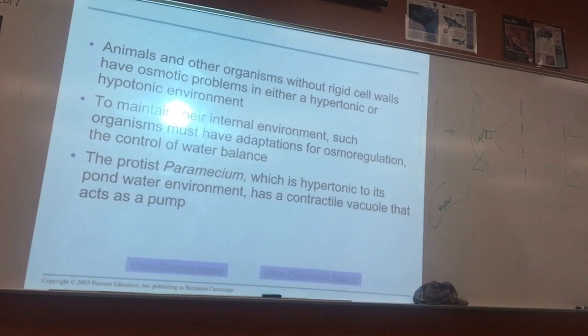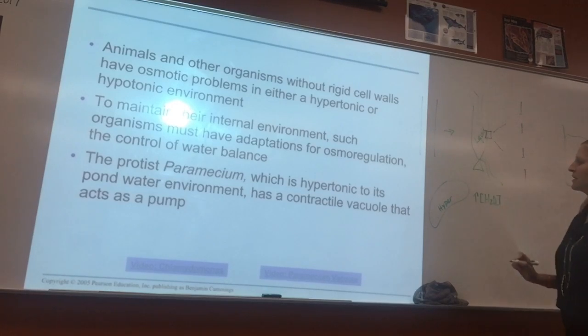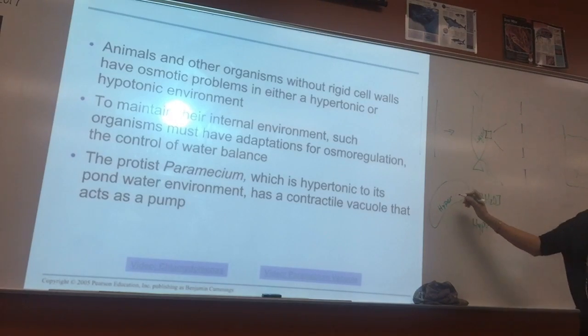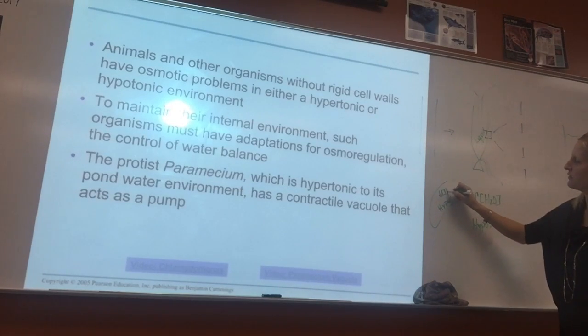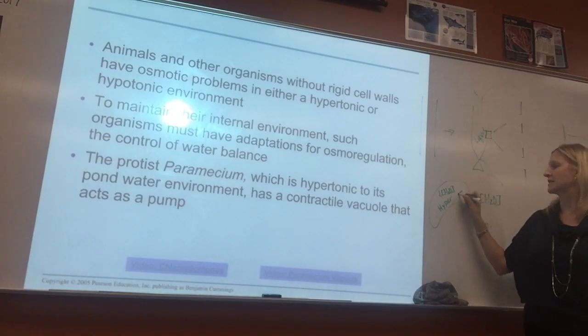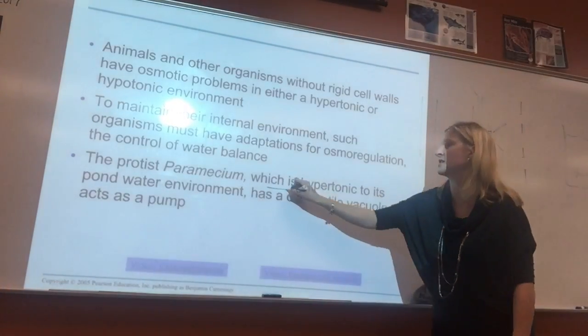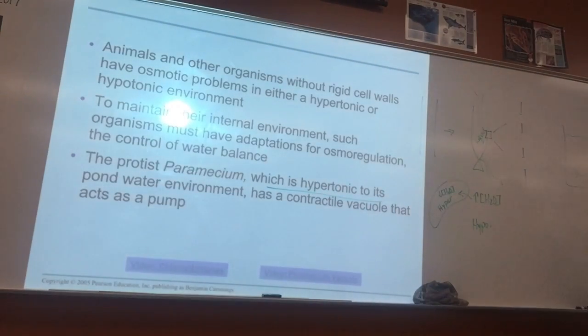There's a higher concentration of water outside. So whatever that concentration is, there's a higher concentration outside that makes the pond hypotonic compared to the inside. So therefore, the inside has the lower concentration of water, and therefore water is going to move into the cell. So you should be able to think through that whole process by this one sentence. All right, so that's something you would have to be able to do.